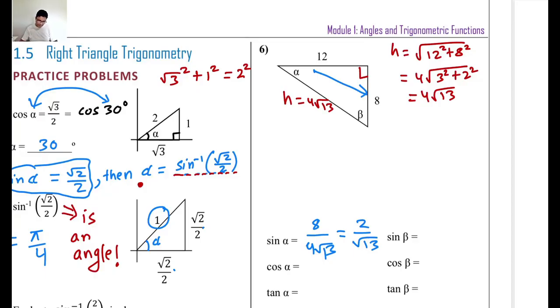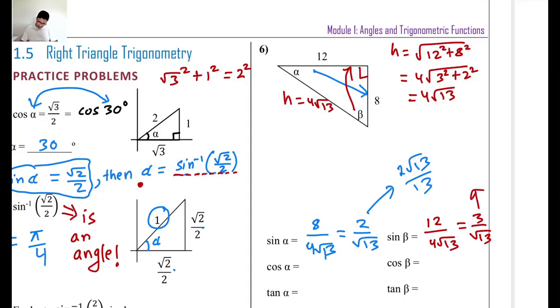Whereas sin beta, for beta, the opposite is 12, so that is 12 over 4 root 13. That will be 3 over under root 13. But you would convert that to a rational denominator, so that will be 2 root 13 over 13, and this would be 3 root 13 over 13.